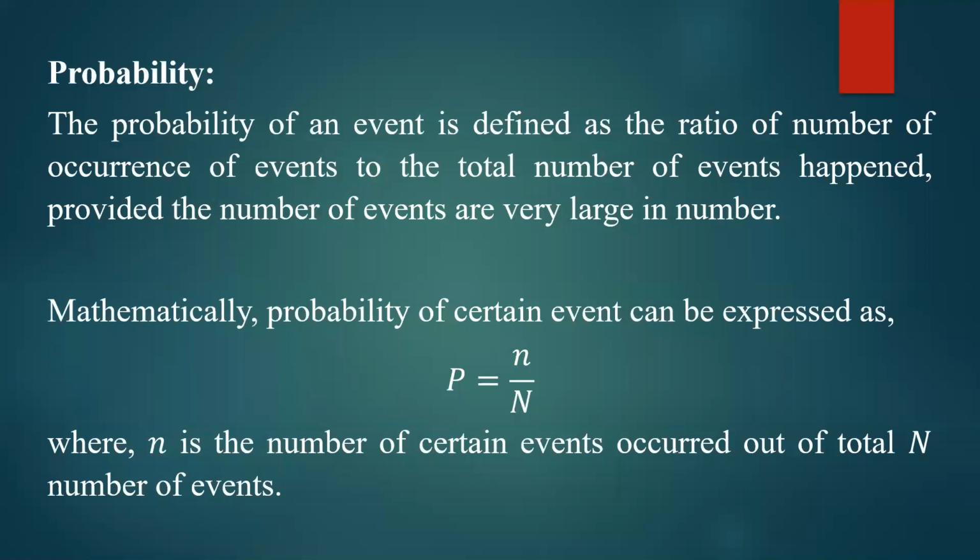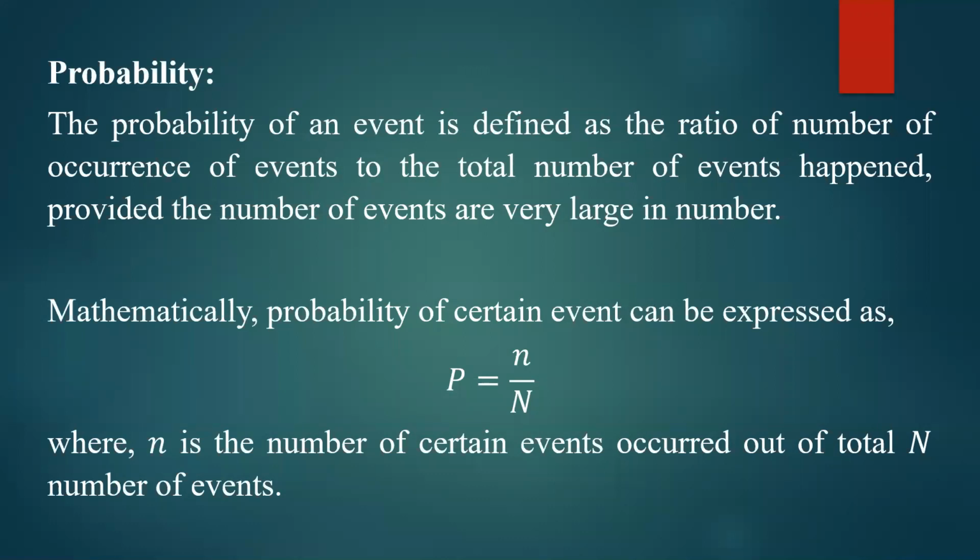Because I can pick any ball out of 10 balls, but the probability of picking only the one ball having the number 1 is 1/10. So that is how you can understand the probability. It is the ratio of the number of occurrences of that event, the possibility of that event, divided by the total number of events happened.